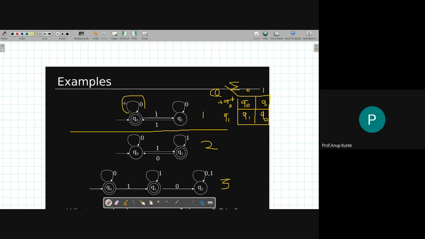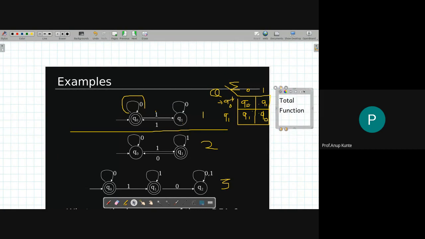Now I count the number of transitions. 1, 2, 3, 4 transitions are there. 4 cells were there, and now these 4 transitions are filling all my 4 cells with exactly one next state. So this particular property, in mathematical terms or in mapping terms, is called a total function.